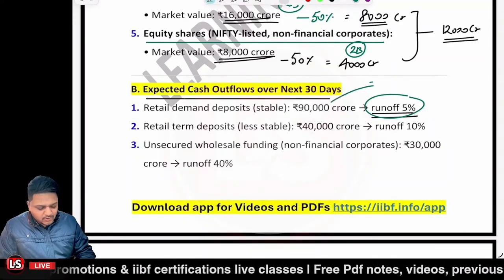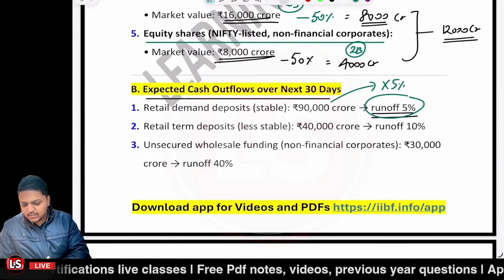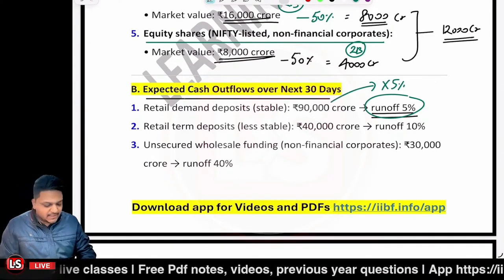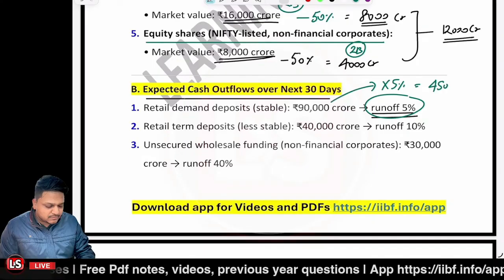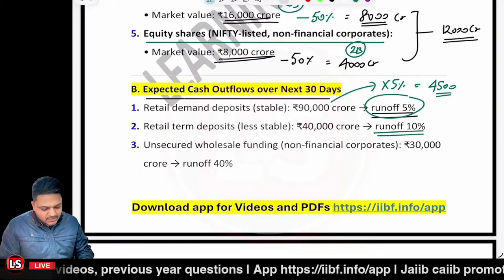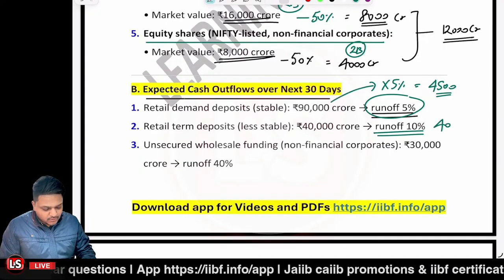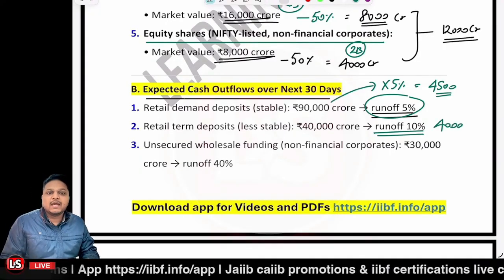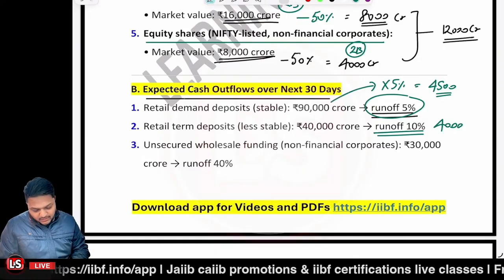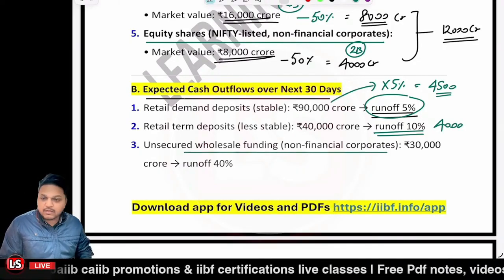So it will be 90,000 crores multiplied by 5%, that is 4,500 crores. And for retail term deposit, runoff is 10%. So 40,000 crores into 10%, that is 4,000 crores, right? And for the third one, unsecured wholesale funding, non-financial corporates, the runoff is 40%.